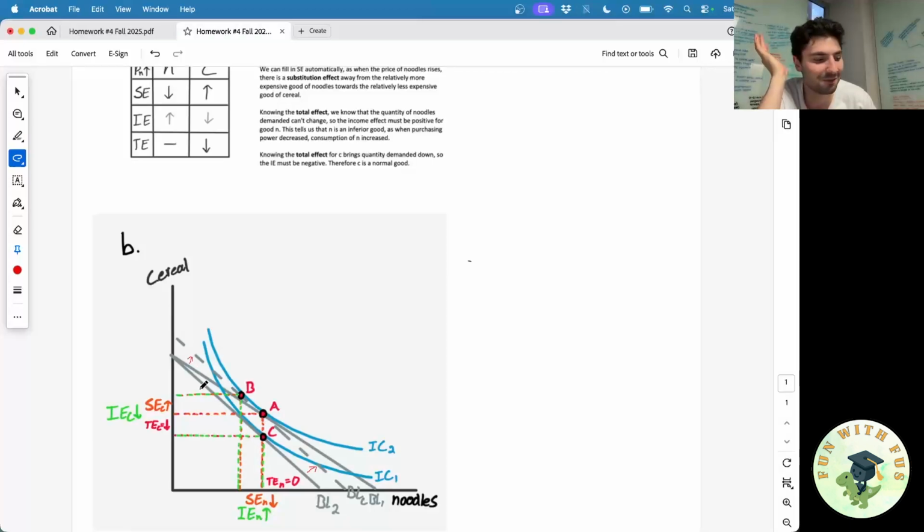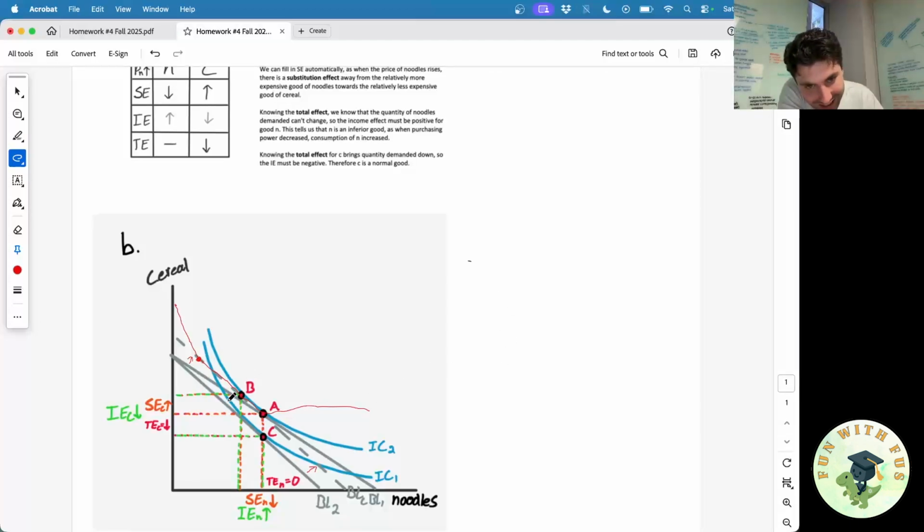It won't be perfect and illustrate what you're trying to illustrate, so you'll probably fudge it a little. There have definitely been times where I generically drew it and my B was over here, and then you just fudge it and say, yeah, B and A are on the same indifference curve.